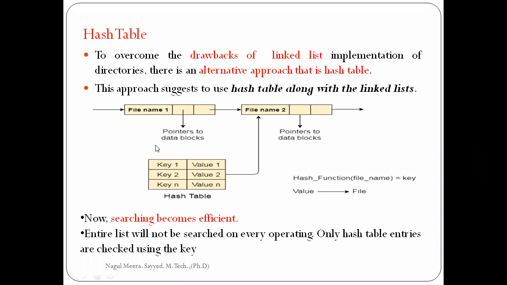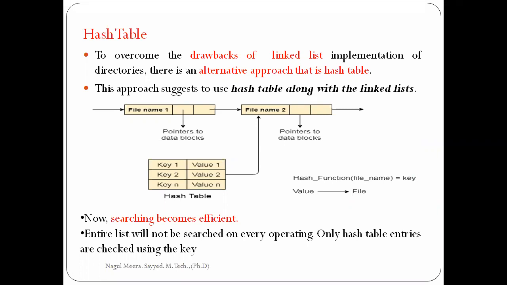Hash table is acting as an index. With the help of this hash table, we can easily search whether a particular file is available or not, and if it is available, where it is. So this is nothing but a hash table.